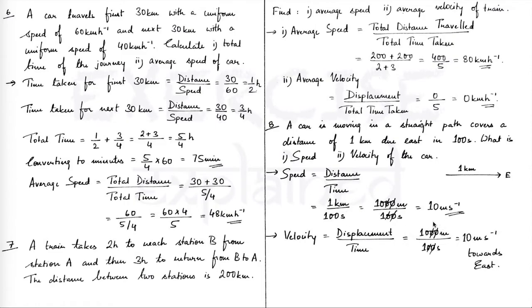So 1 kilometer can be written as 1000 meters divided by 100 seconds. 0 cancels again and we get it again as 10 meter per second. But we need to write the direction because velocity is a vector quantity. So we write the direction as towards east. So 10 meter per second towards east.